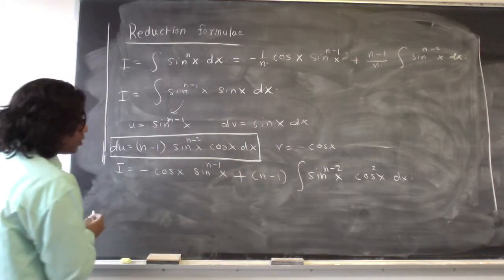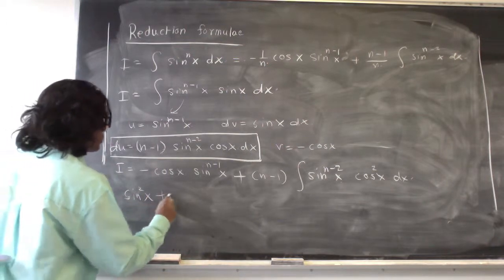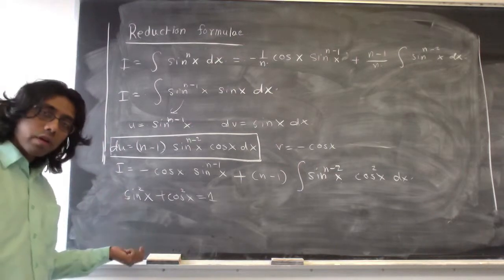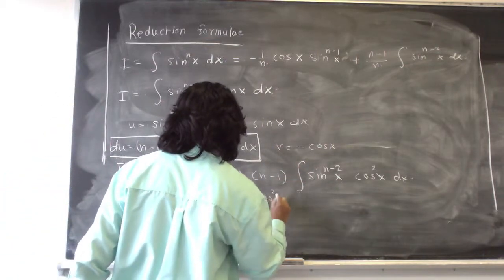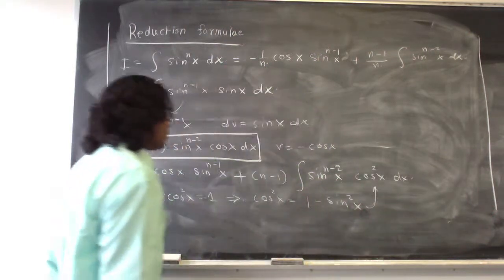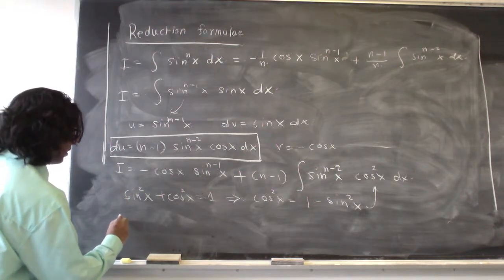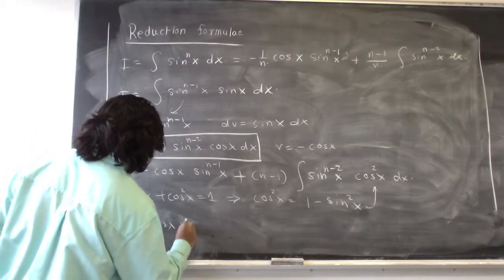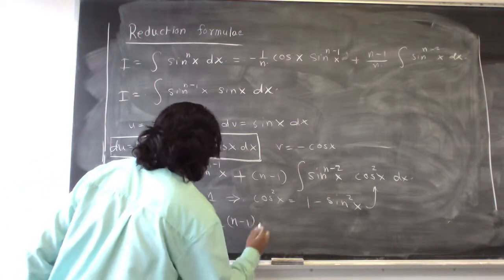Okay, so we know this fantastic identity that sine squared of x plus cosine squared of x is equal to 1, which basically comes from the Pythagorean theorem. So this implies that I can substitute cosine squared of x as 1 minus sine squared of x in this integral. So I get the integral I as minus cosine of x sine to the power n minus 1 of x plus n minus 1 times the integral.